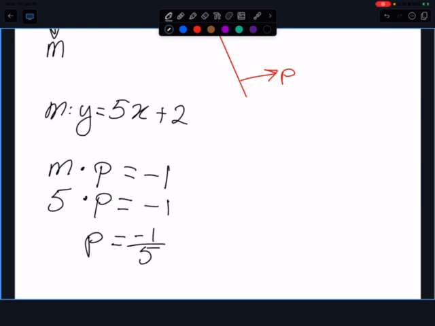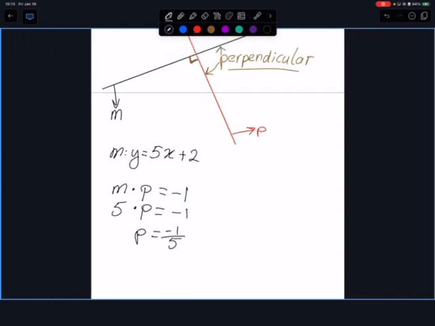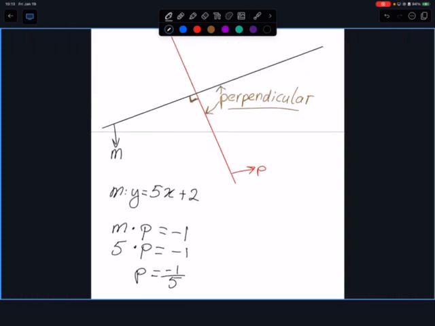So that's the gradient of line P. The gradient is -1/5. That's the answer.